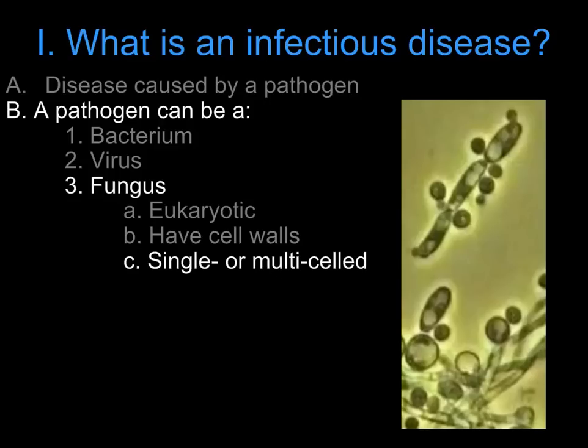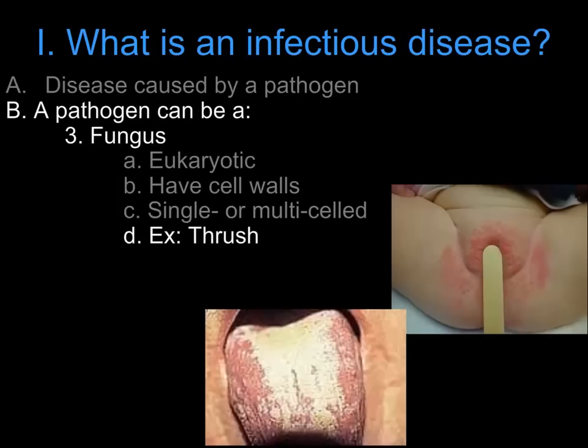And fungal pathogens can be either single-celled, such as the case of a yeast infection, or the pathogen may be multicellular, such as the case of a mold, a black mold, for example. So thrush is an example of a disease that's caused by a single-celled fungus, a yeast infection.